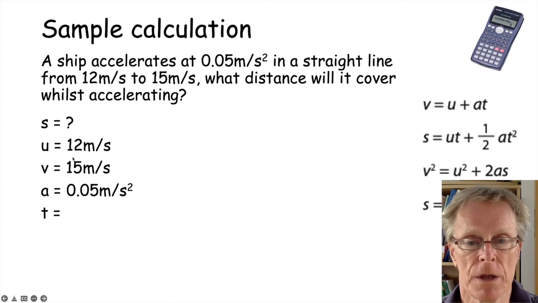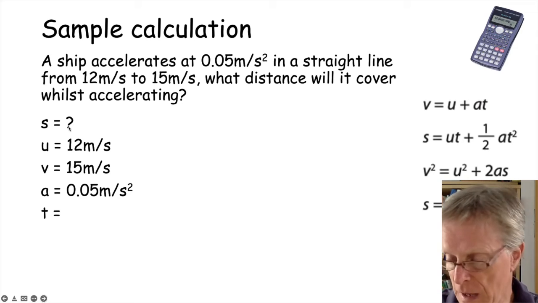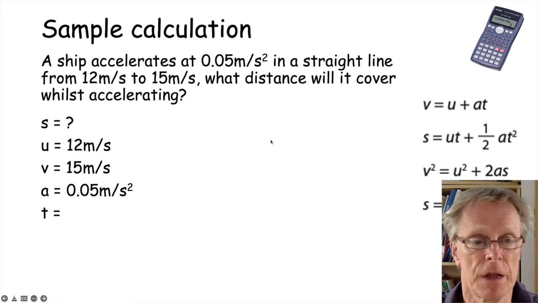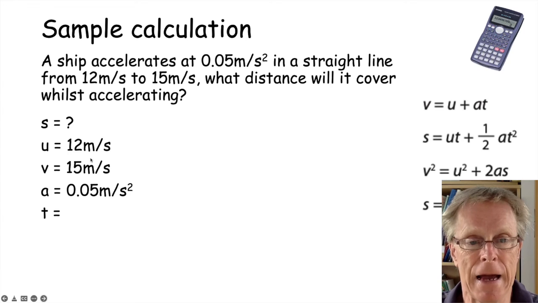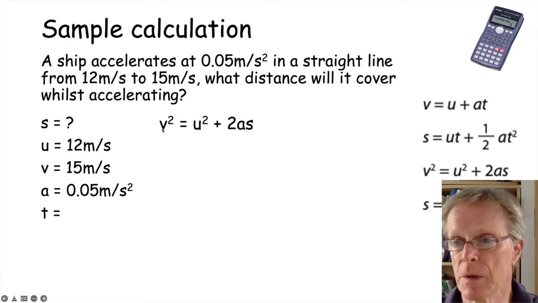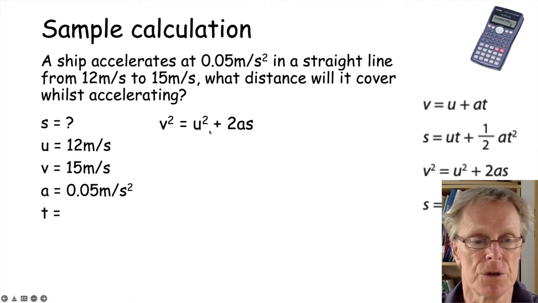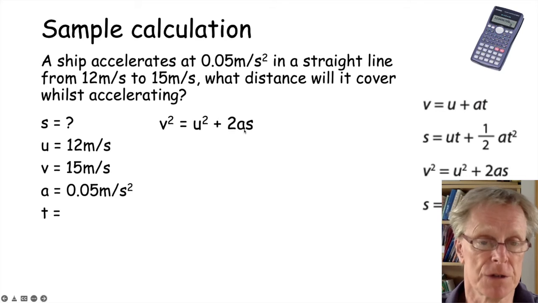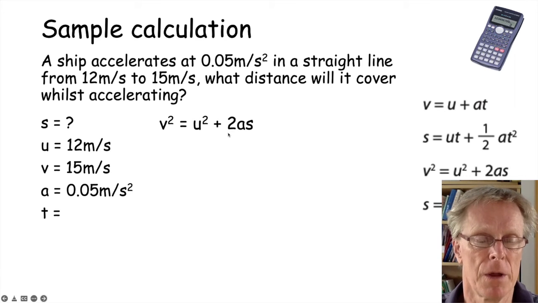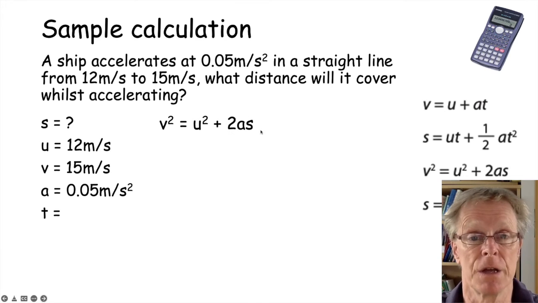And the one that has all that in is this one here: v squared equals u squared plus 2as. And what we've got to do is to work out the distance, which is the s. We want to get that on its own. So first thing we do is subtract u squared from both sides, because the u squared is one lump that's either added or subtracted to the equation.